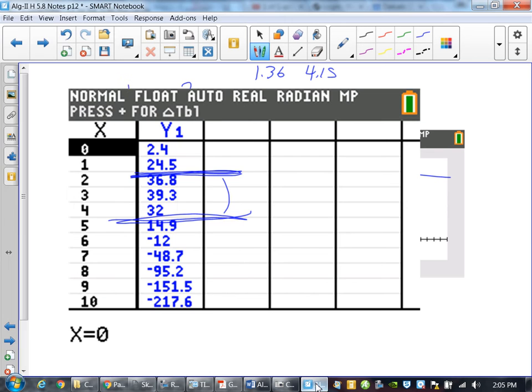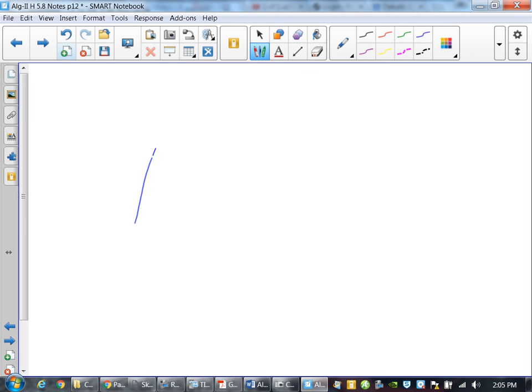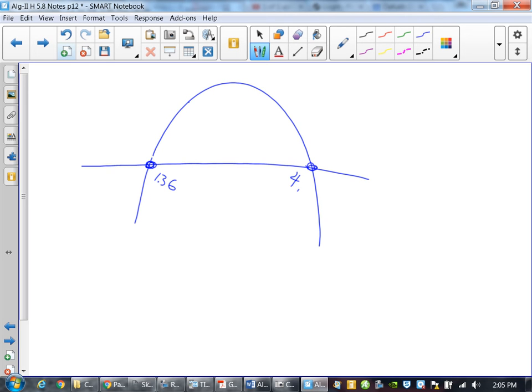So in my graph here, 1.36 and 4.15. Between those two values is how long it's above 30. You just subtract. What's the distance between those two? Technically, it's a little bit less than 3 seconds.